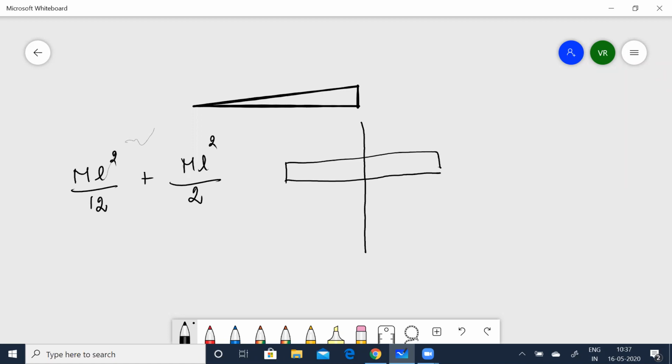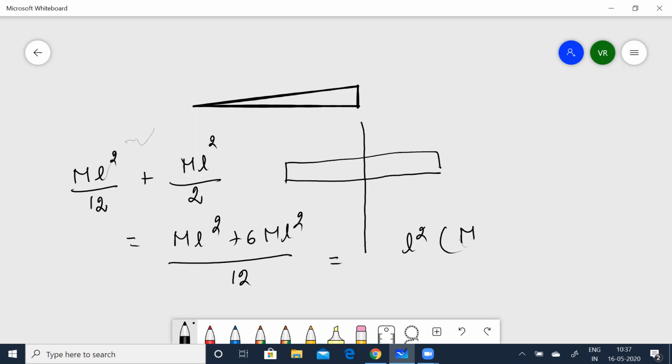So ML squared by 12 plus ml squared by 2, which is nothing but ML squared plus 6 ml squared by 12, or I can take L squared as a common factor. I'll get it as M plus 6 m by 12. Let's see which option is correct.